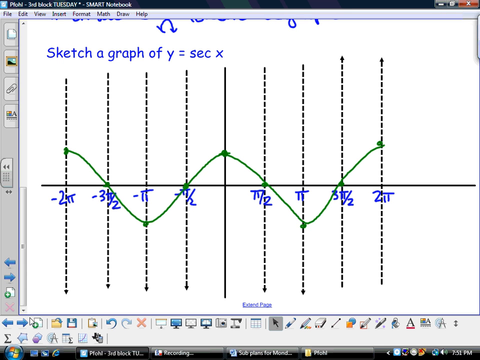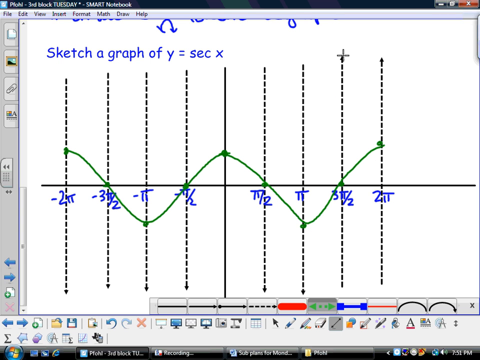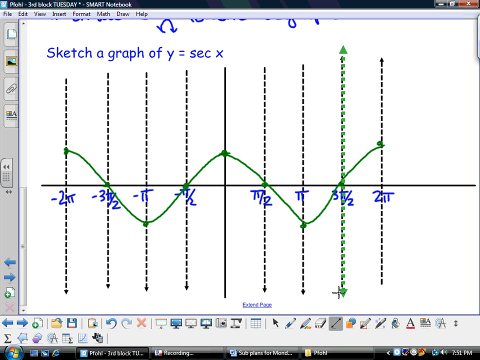Step 2, wherever this graph crosses its midline, we need to make asymptotes. So the asymptotes on this graph are going to happen at the odd half pies, at pi over 2, 3 pi over 2, 5 pi over 2, 7 pi over 2, and the negatives also.